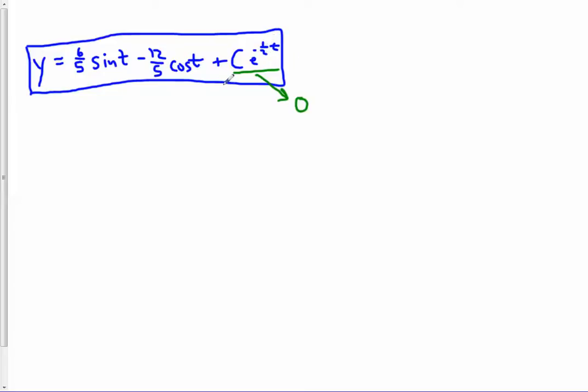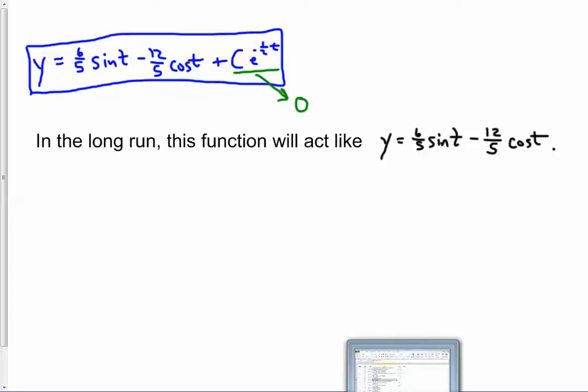What that means is that in the long run, this function will act like just that particular solution. The homogeneous piece kind of goes away. It doesn't matter pretty soon after t equals 0.